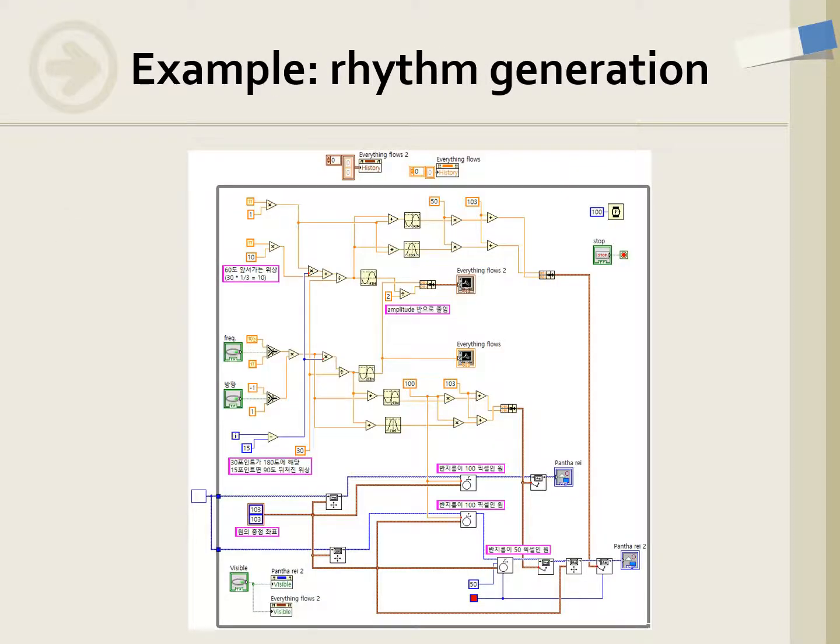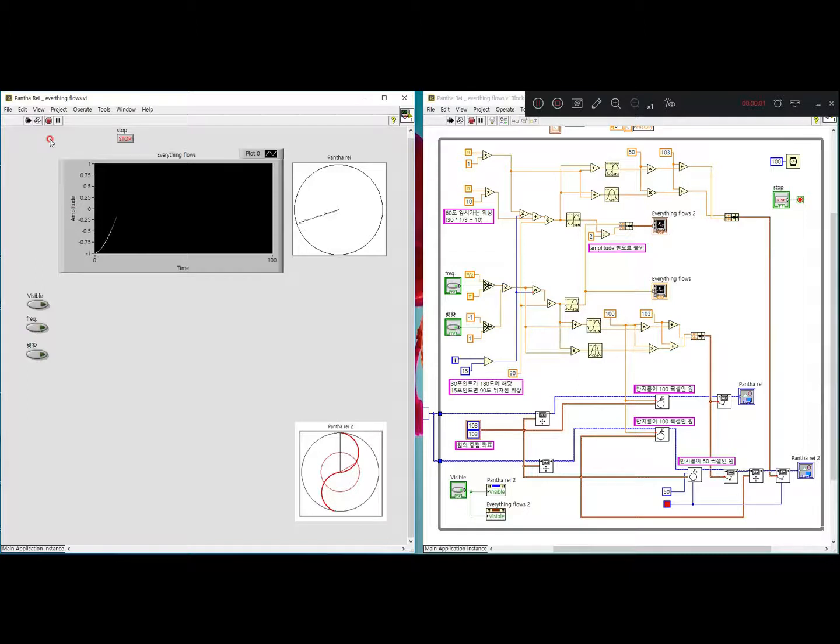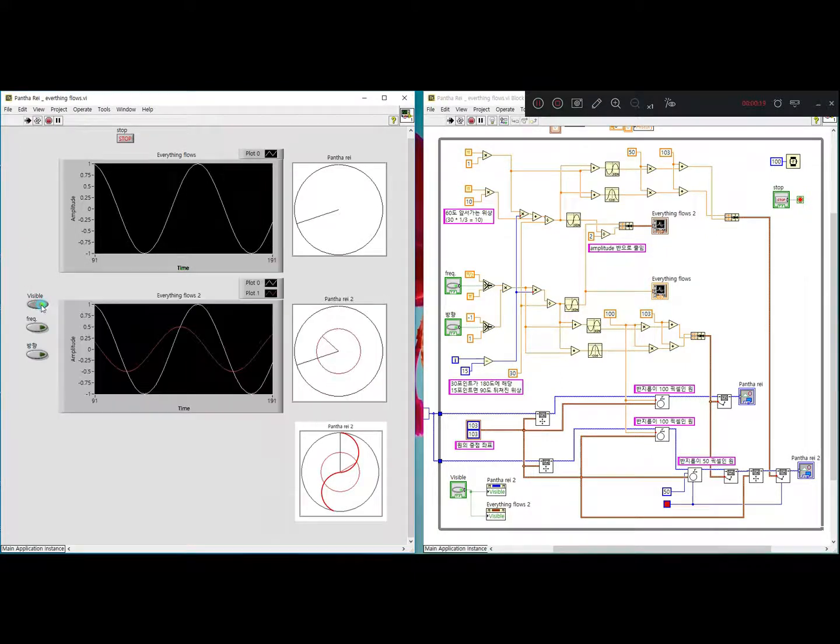This is a LabVIEW program to generate sine waves. You can see how a rotation movement can be transformed to a sine wave. And then I made a 60-degree advanced sine wave with half of the amplitude.